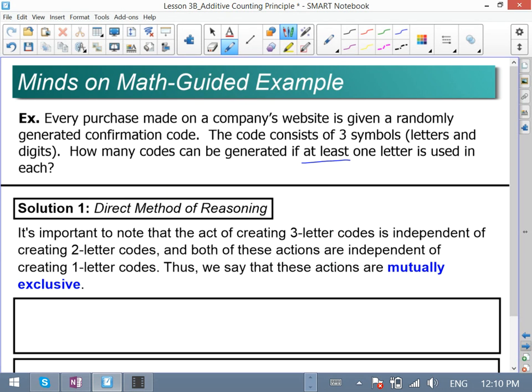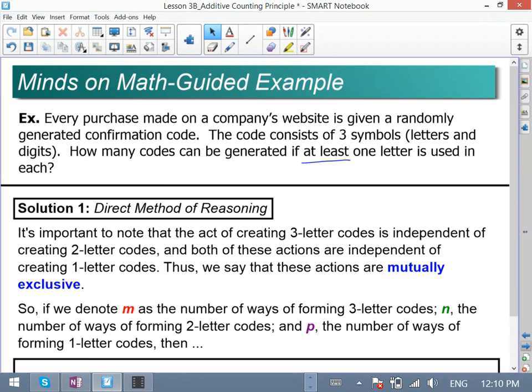And that action is independent of what happens when a 1-letter code is generated. When you can identify events that are independent of each other, we say that they're mutually exclusive. They do not depend on each other.